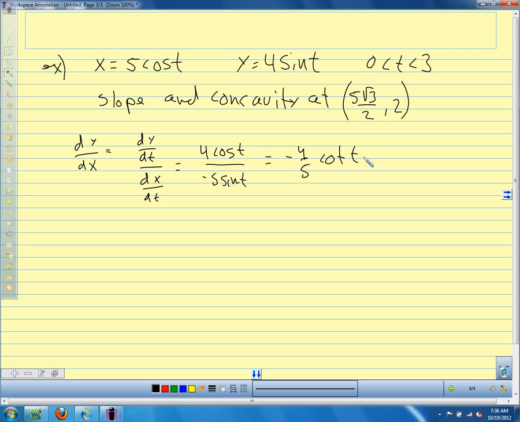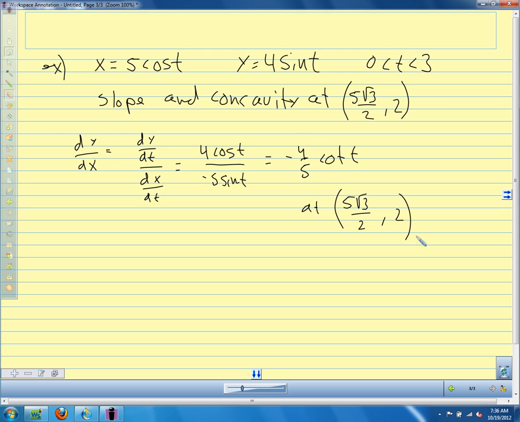And at this point, what do we need here to find our slope? This is our point x and y. We have to figure out t to find our slope.